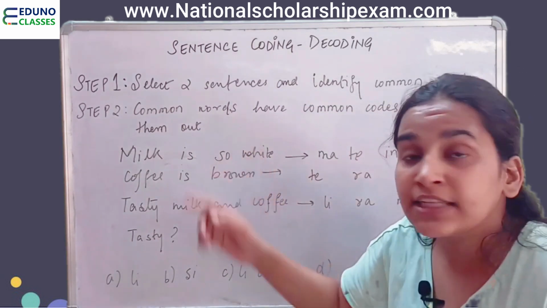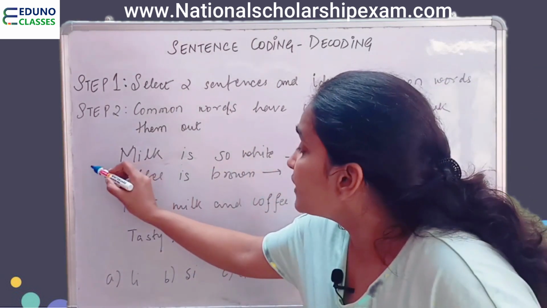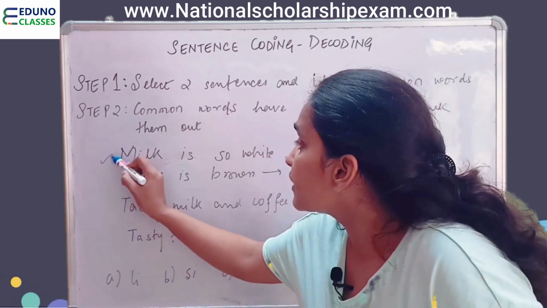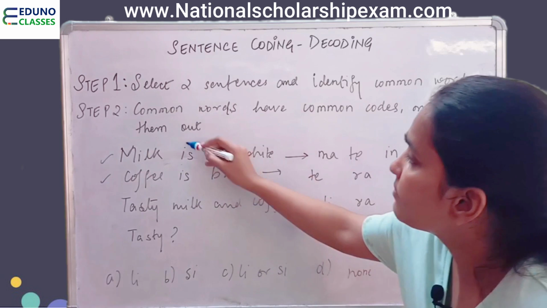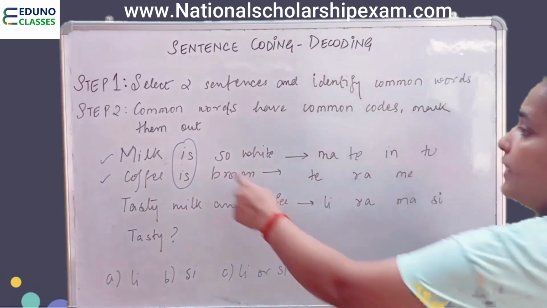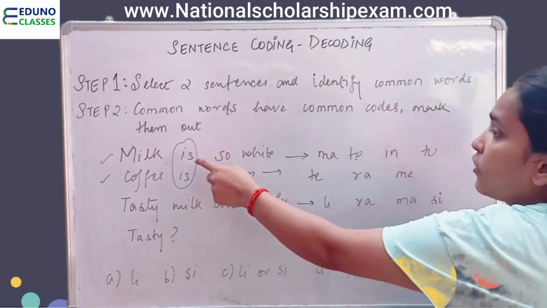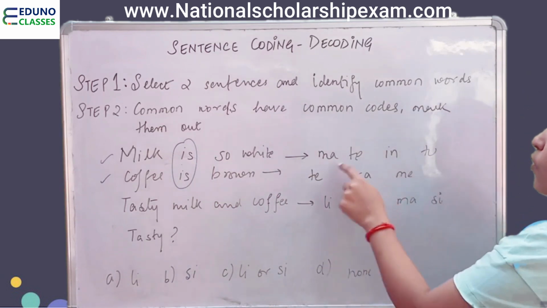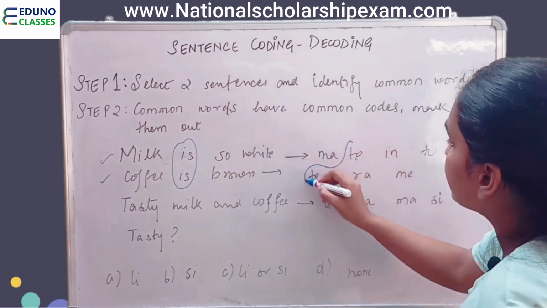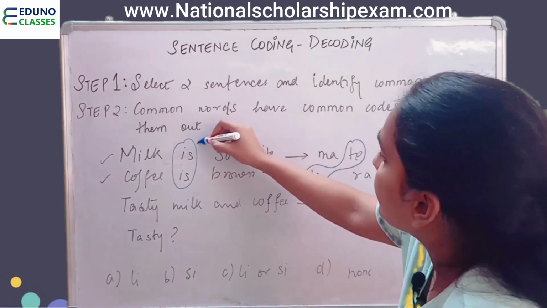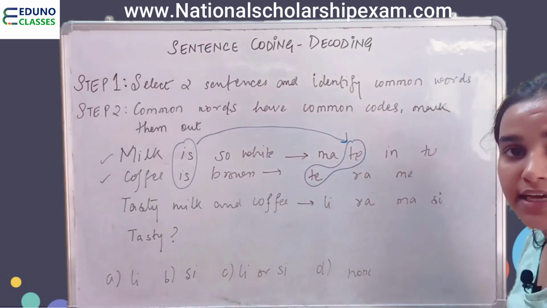We will select any two of these three sentences. I am selecting the first and second: milk is so white, coffee is brown. I can see is is common, so its code will be the same. What is the common code? Ma te into, te ra mi: te is common. So is is coded as te.